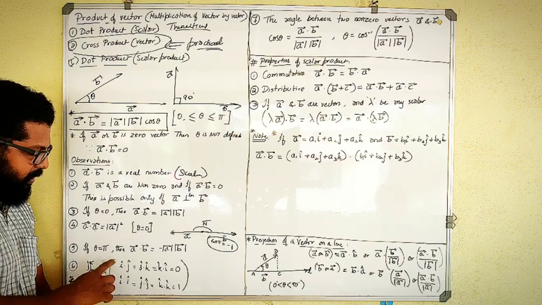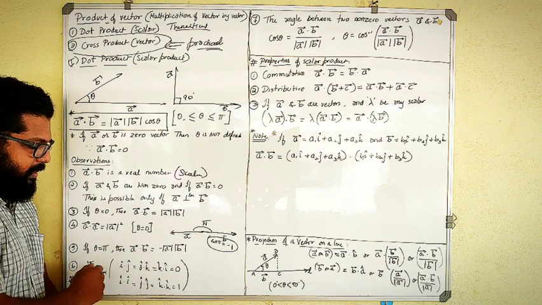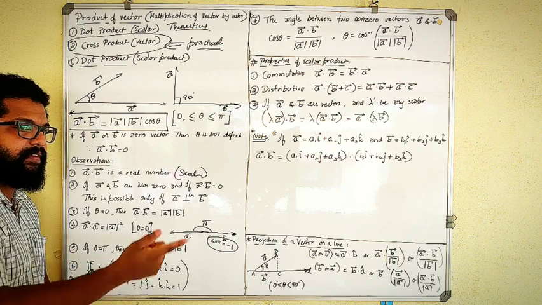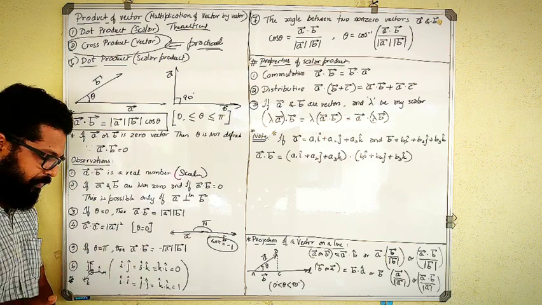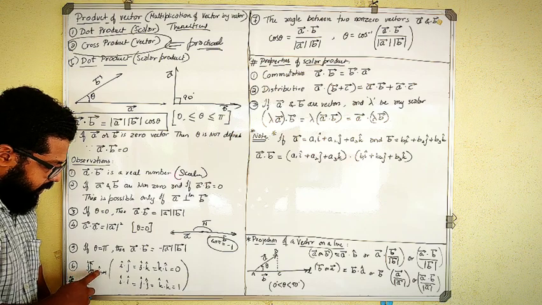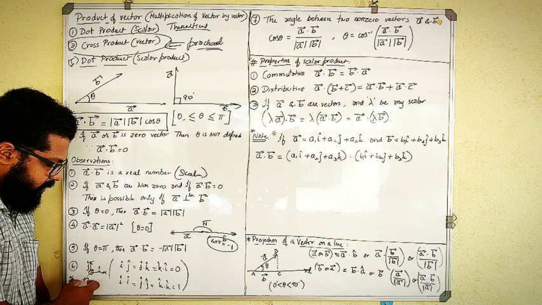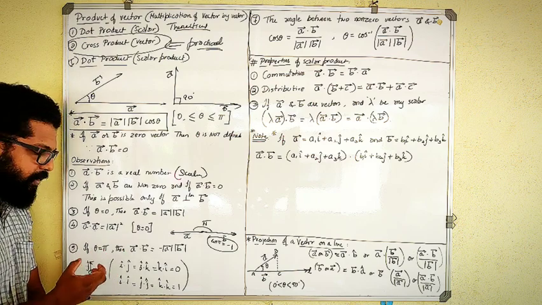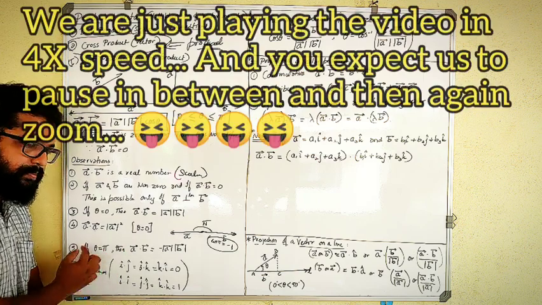So I will tell you what is actually happening here. These i, j, k are the unit vectors along the x, y and z axes, which I have already explained. Please recall that. So here you can see the x axis, y axis and z axis, and these are the unit vectors. If you cannot see this clearly in the video, please pause the video and check this out.